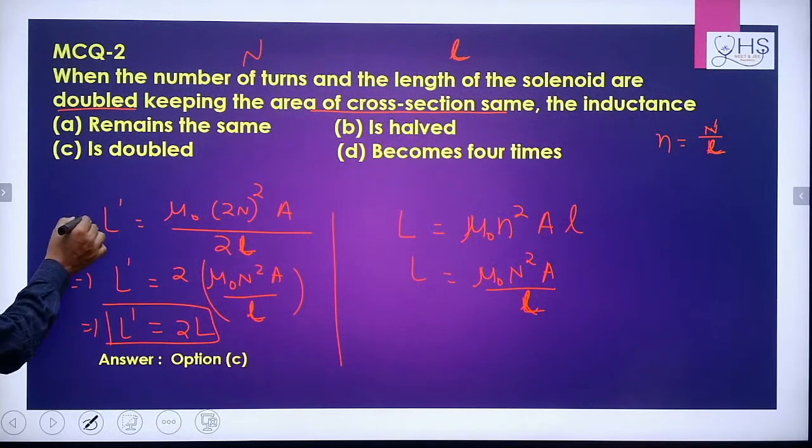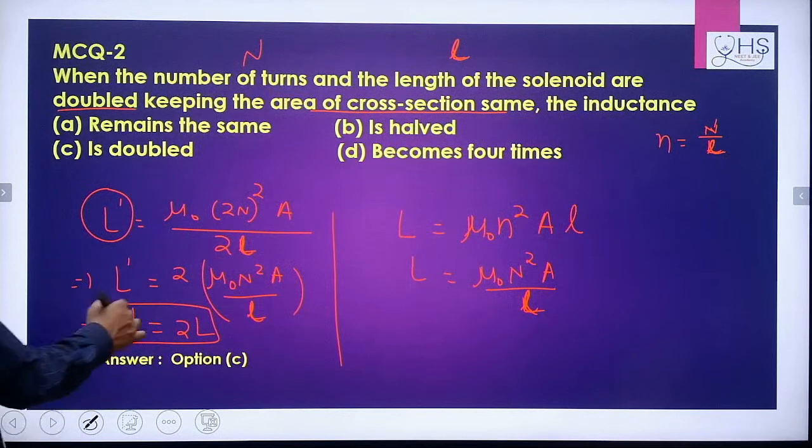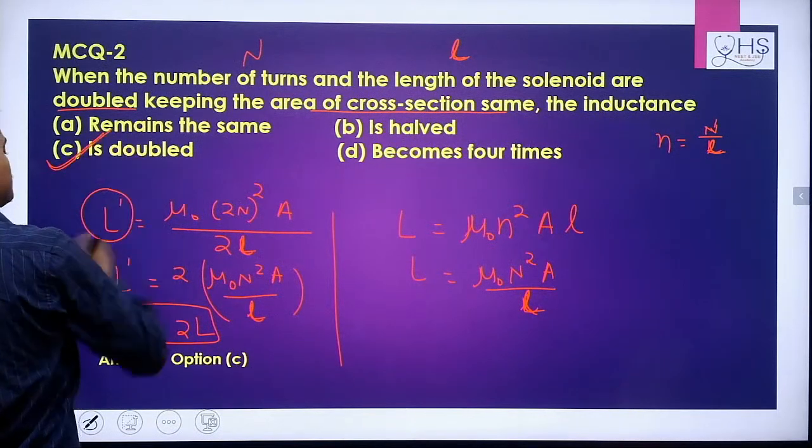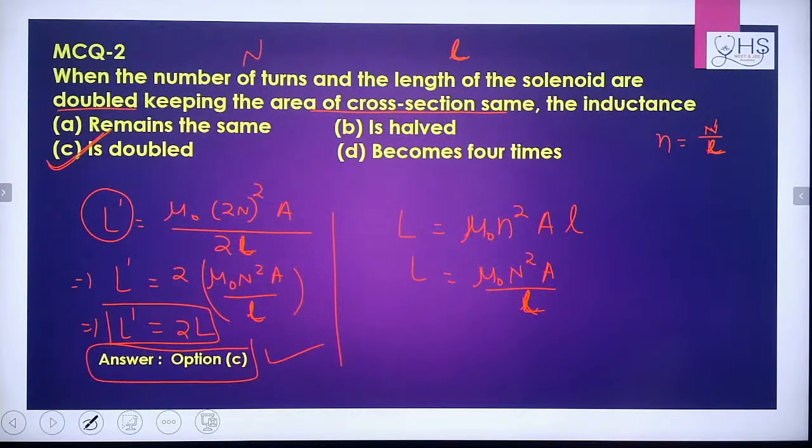This is your new self inductance, L prime, which is coming 2 times the original self inductance. So that is doubled. The answer is C. Got doubled. Yes or no? Yes, I hope you understand.